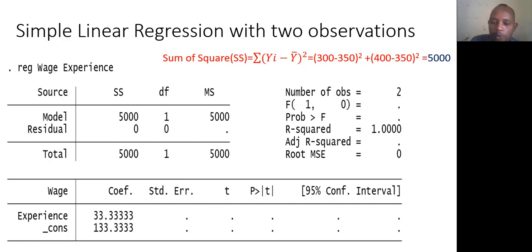All observed values are captured. The two points are captured by the regression line, and the variation comes only from the model. This total variation comes only from variation in the model. There is no residual variation that contributed to total variation.